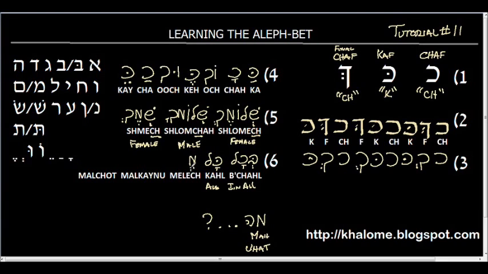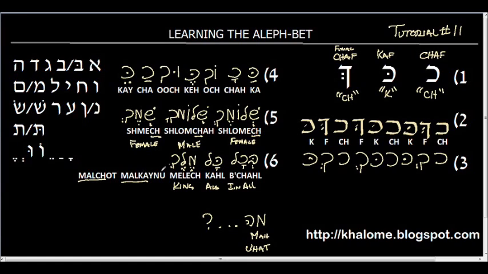So we've got a mem segol, a lamed segol, and then the final chaf with a silent shva. So that's your masculine form for the word king. Now, the reason I want to show you this is to introduce you more to the suffixes. Melech, malkenu and malchot are derivatives of this word.